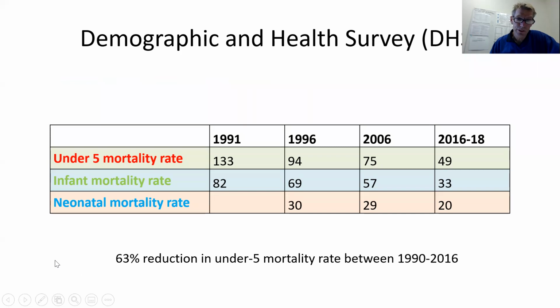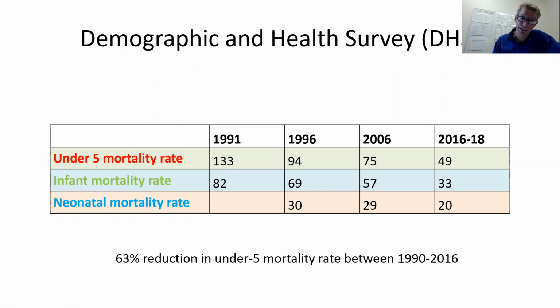So I've just summarized here the data from all the demographic and health surveys that have been done in PNG. I think this is very useful information, because it can give us some confidence that progress is being made. In 1991, the first demographic and health survey showed that the under 5 mortality rate was 133, remember, per 1,000 live births.